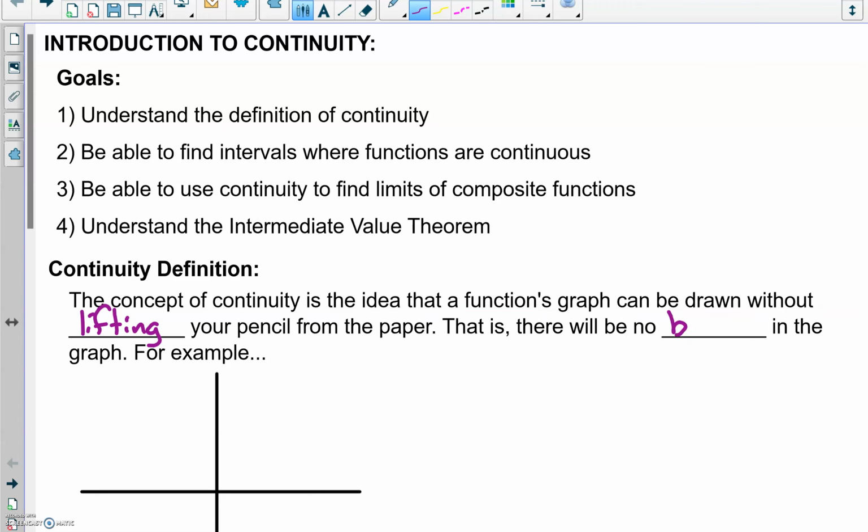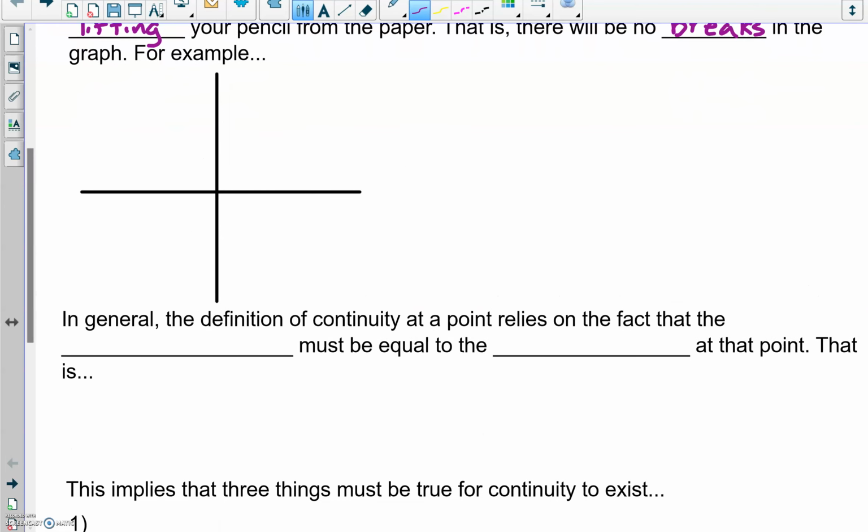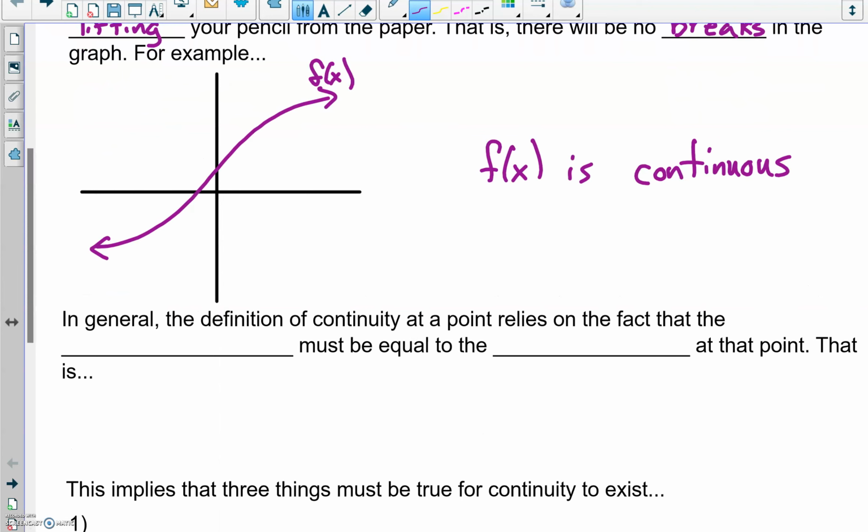So there's going to be no breaks in the graph as you draw it. So for example, this graph of f of x here, I didn't have to lift the pencil at all, or my screen pen at all to draw it, and f of x then is continuous.